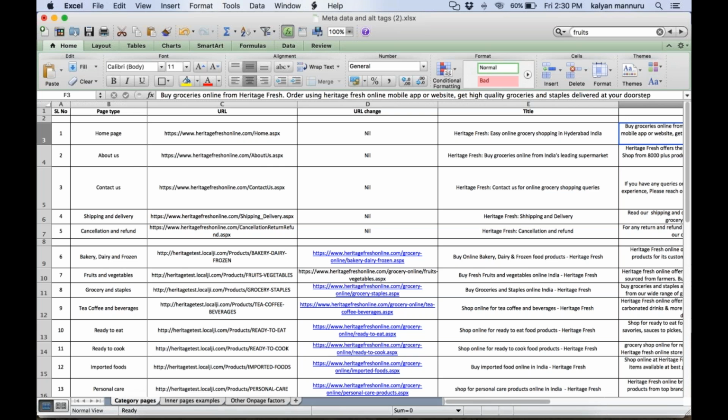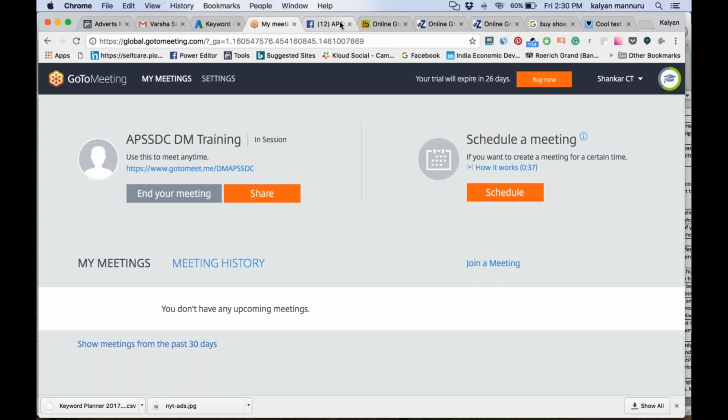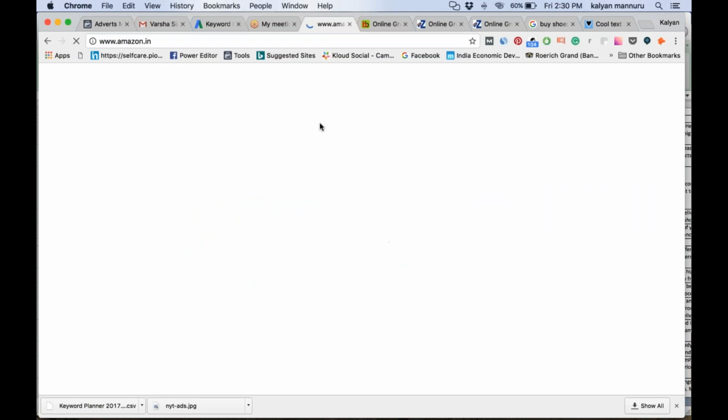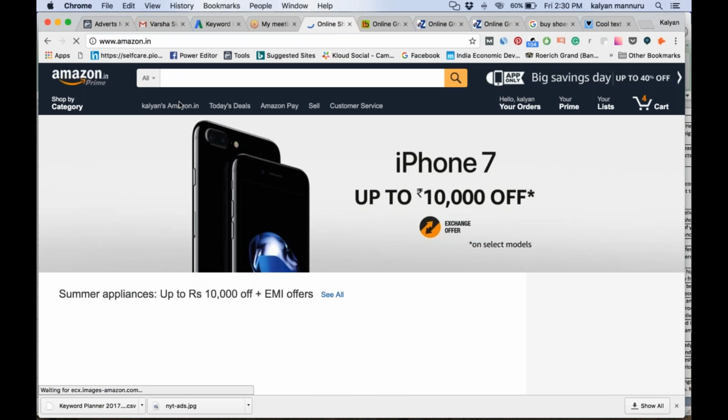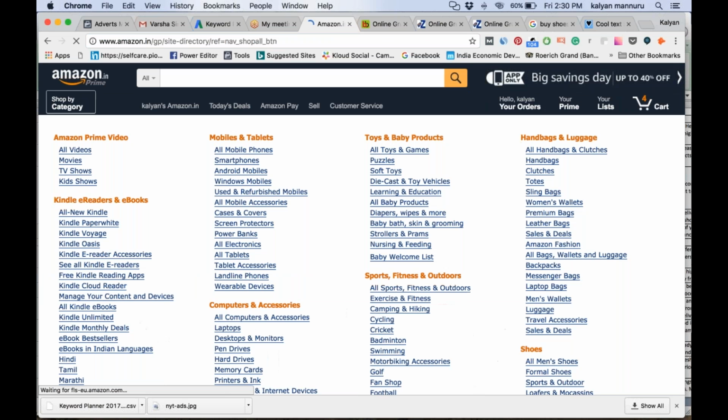That is why, if you go to any category pages, you should be able to understand. Let us have a look at Amazon, how they are planning it. So first you have category pages.